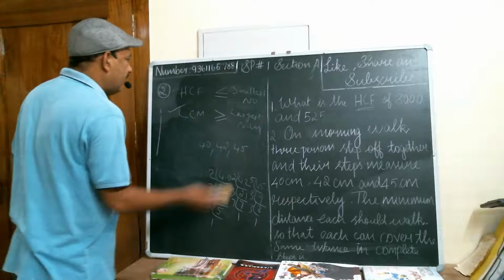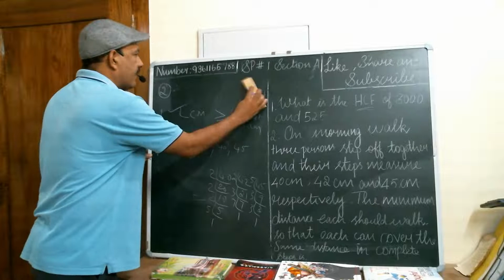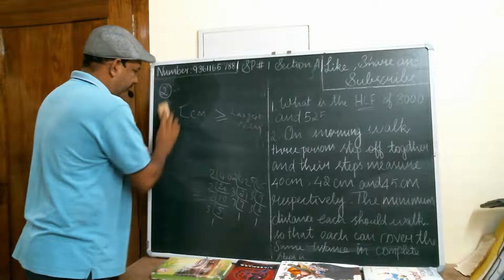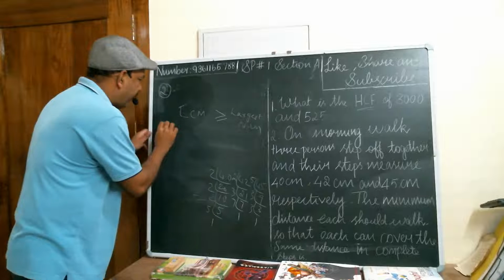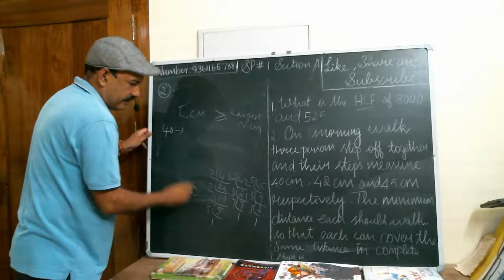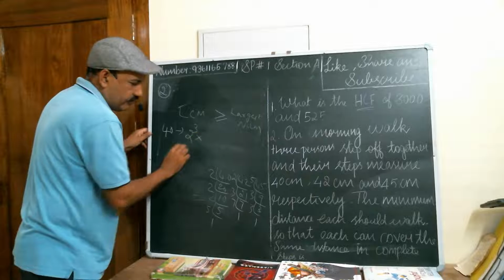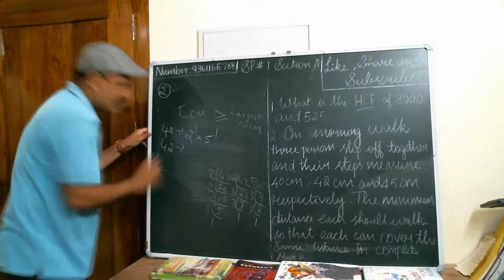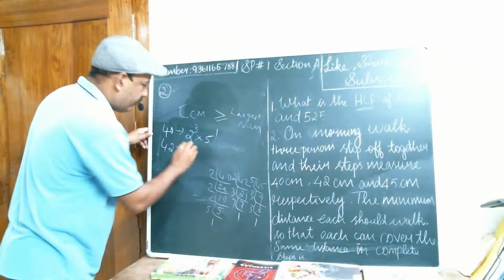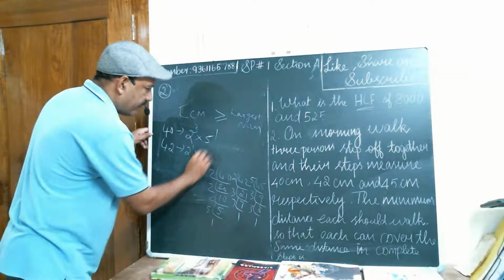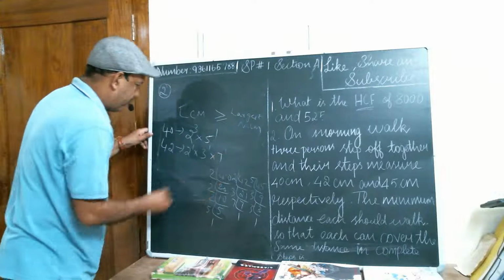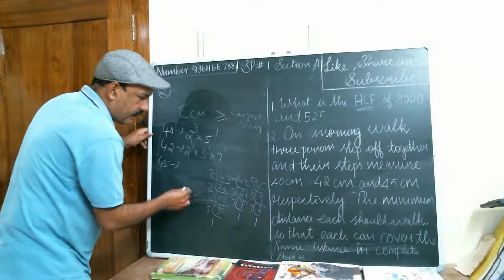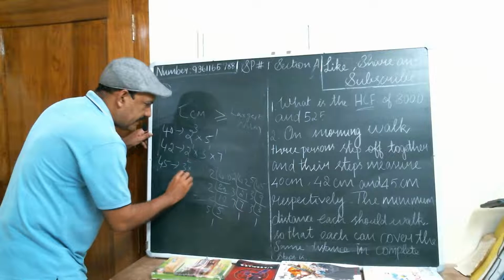Now I will not be requiring HCF. Definitely it is LCM. Now 40 I am going to write as 2 power 3 into 5 power 1. 42 as 2 power 1, 3 power 1, 7 power 1. And 45 as 3 power 2 and 5 power 1.